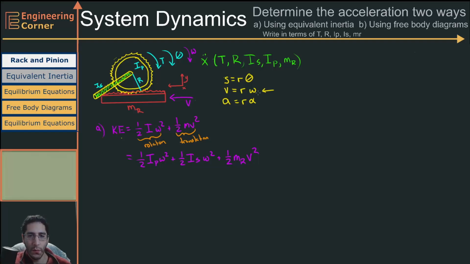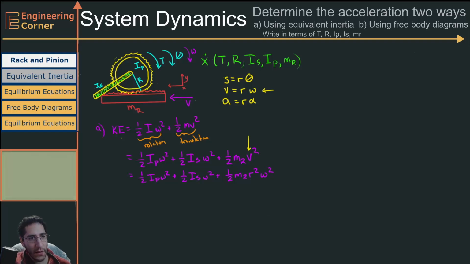So we want to put this v equals r omega into the equation right here. So we get this is equal to 1/2 I_P omega squared plus 1/2 I_S omega squared plus 1/2 M_R. We have to square both of these terms, so we get R squared omega squared.